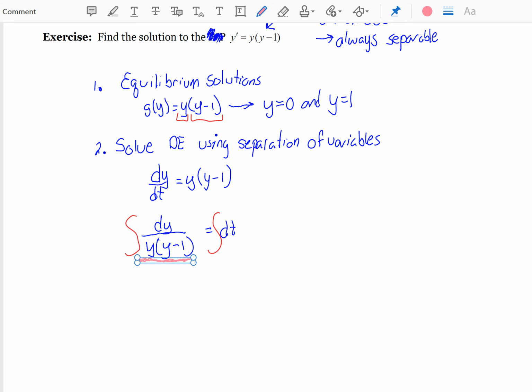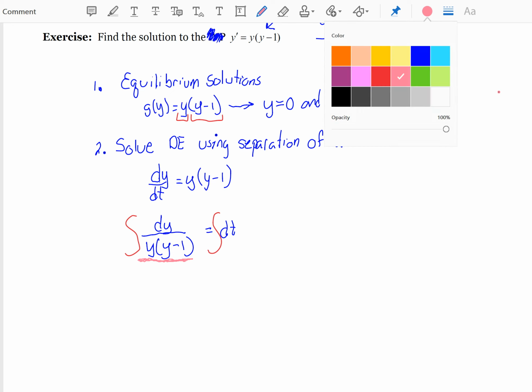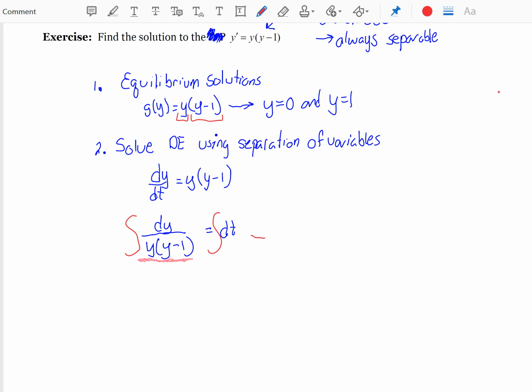I'm asking you to think about things that you've seen back in calculus. I guess specifically, I'm asking you to remember the technique of partial fractions, or partial fraction decomposition.